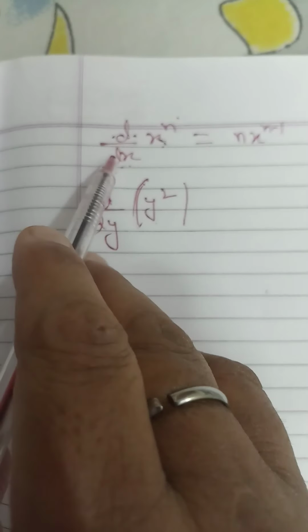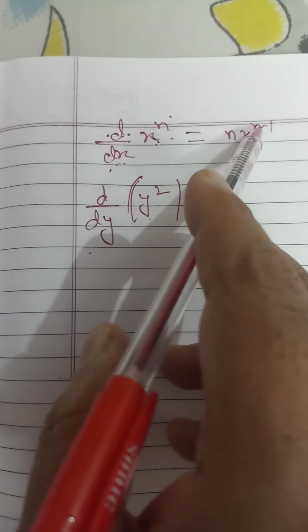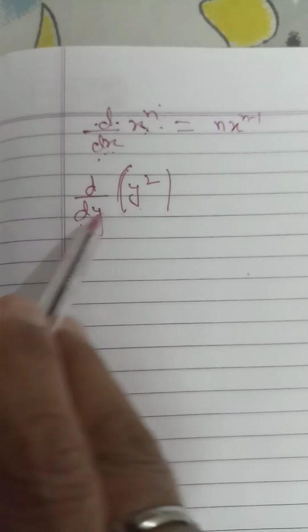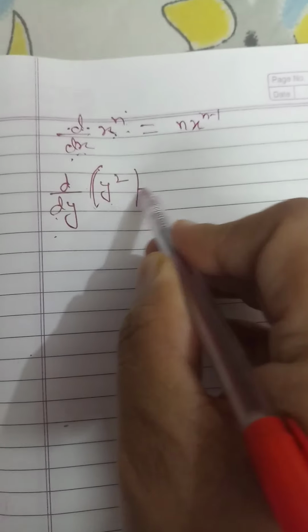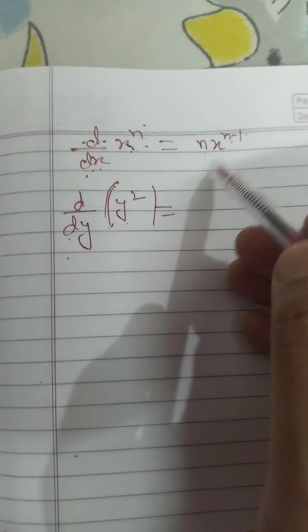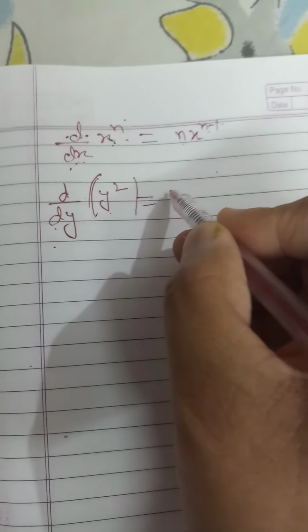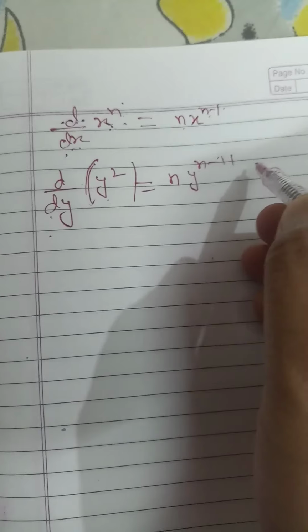So I will use the general formula d by dx of x to the power n is equal to n x to the power n minus 1. Here I am differentiating d by dy of y square, so I am using the same formula, and I will write n y to the power n minus 1.